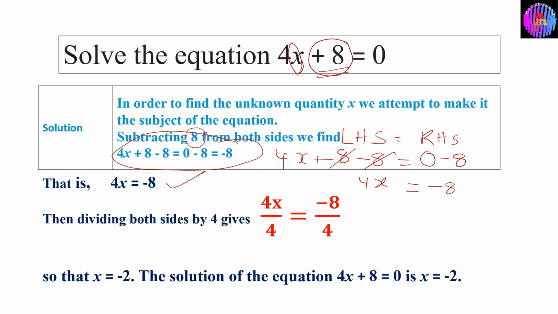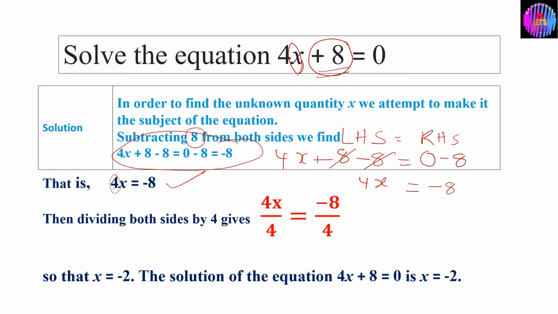Now we have to solve the equation. So we have to find the value of x. We have to find the root of this equation. The next step is we should eliminate 4 in the left hand side. How can we eliminate it? Look here, 4 multiplies x.